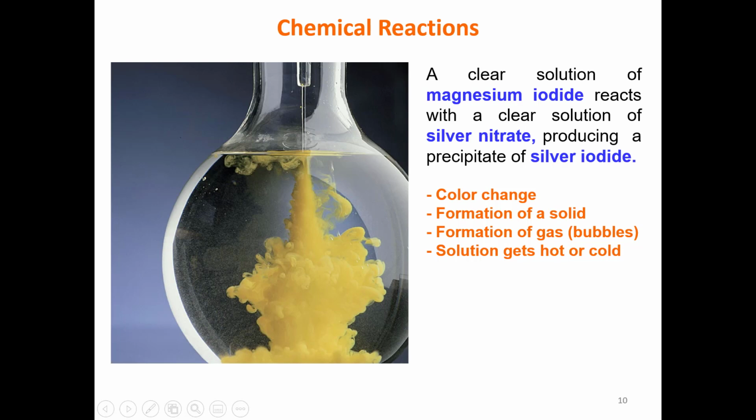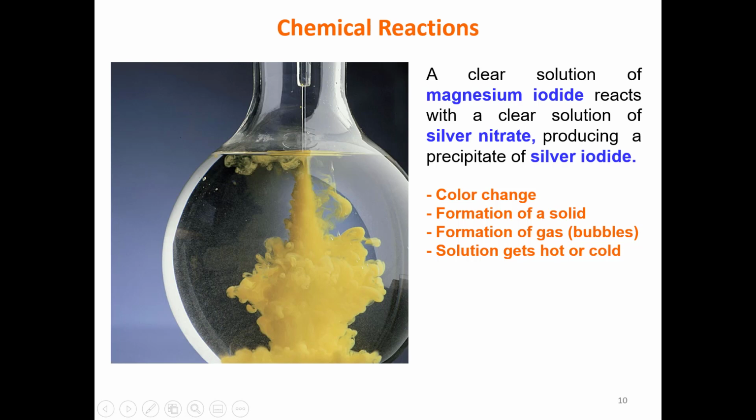And we can see with these two combined, they produce a precipitate of silver iodide. Here we can see there is some precipitation, some solid particles there, and also there is change in color. Because both solutions are clear, then we can see there is some change in color.